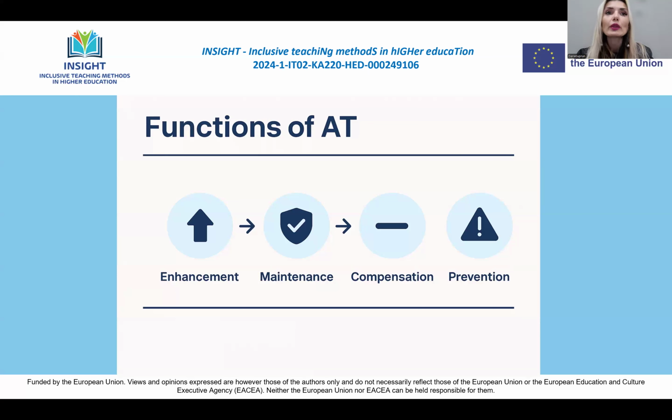Next, by target group, depending on the nature of the developmental disorder, we can identify functional limitation. Assistive technologies are classified according to the needs of a specific target group. This approach allows for a more accurate selection of tools that truly promote the child's development and participation: for students with hearing impairments, students with visual impairments, students with motor impairments, students with speech impairments, and with mental disorders.